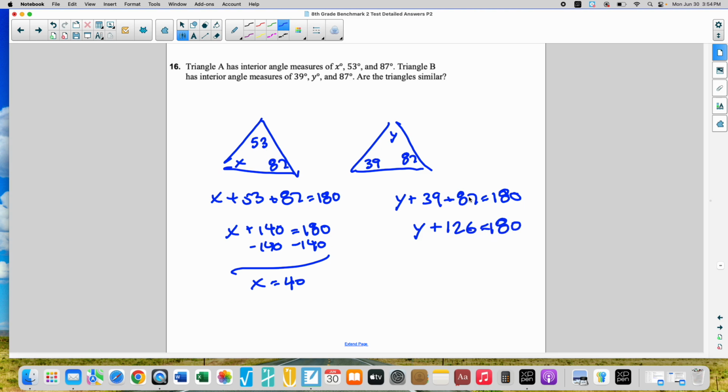Did I do that right? 7, 16, that's 9, 12, yep. And minus 126, minus 126, y equals 54 degrees. So are they similar? No, they are not. They have to have the same angles for the interior angles of the triangle.